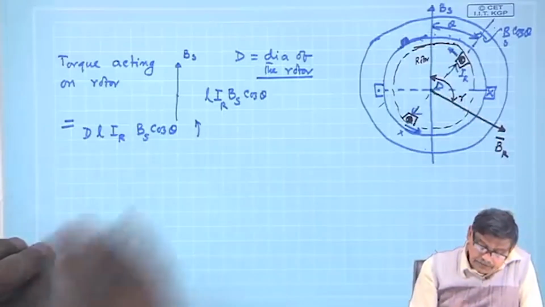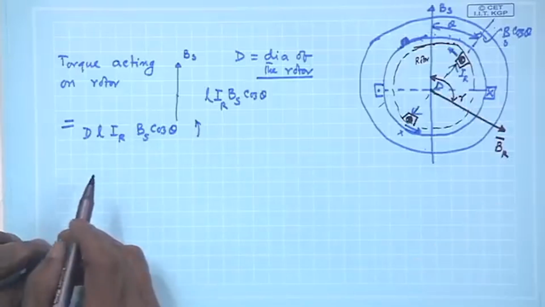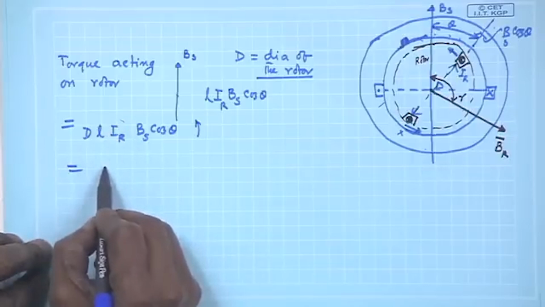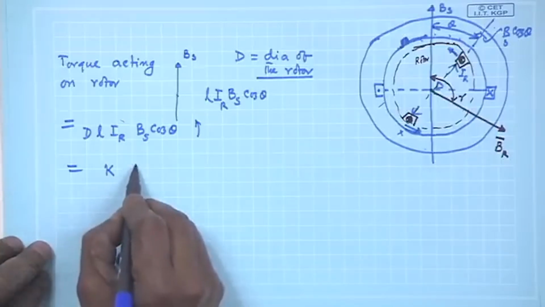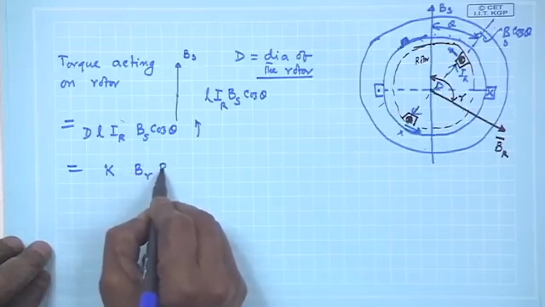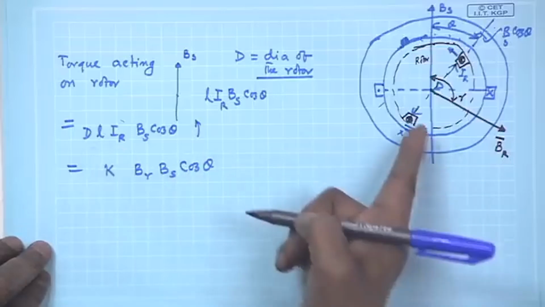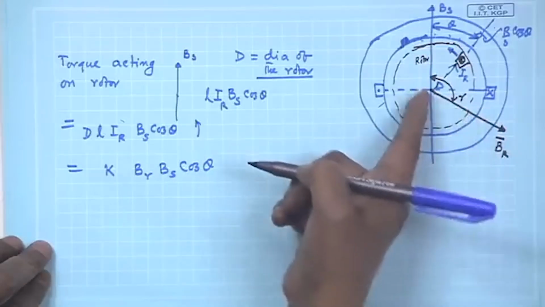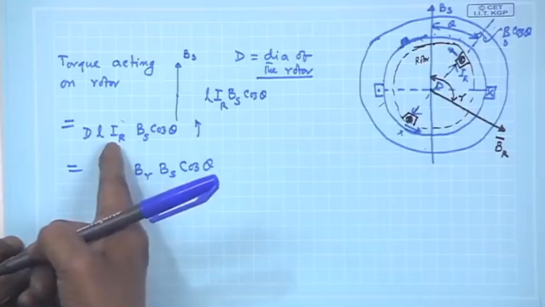So, this is the force. Now, you see this IR can be written as some constant k into Br into Bs into cos theta, because I know the fundamental component of Br, its peak value, is directly related with IR.